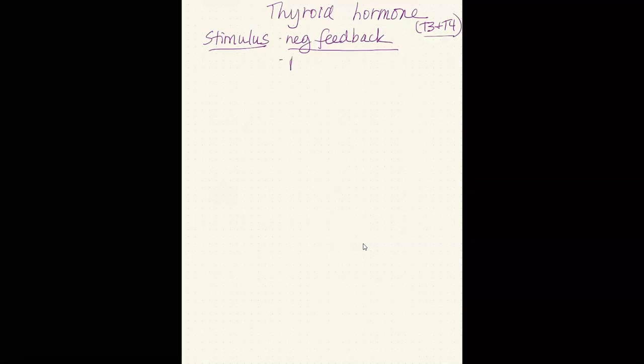Other things that can stimulate you to release more thyroid hormone are pregnancy, being at a high altitude, cold weather, and hypoglycemia. That just means you have low blood sugar. Our thyroid hormone needs to be at a set point to keep us alive.